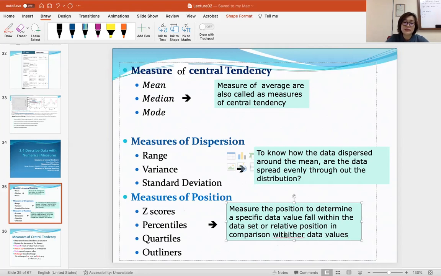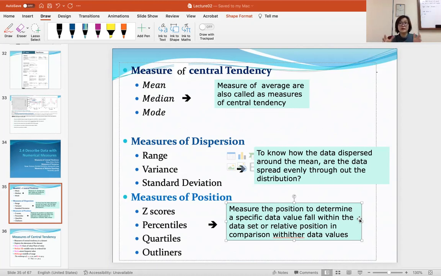What that means is, imagine you have a lot of data, 1,000, 100,000 data points. I would like to know, for one of the samples inside the data, where is it located? Is it within the range? Like just now we learned about quartile. Is it within the first quartile?